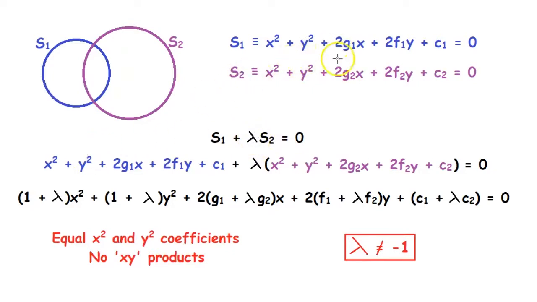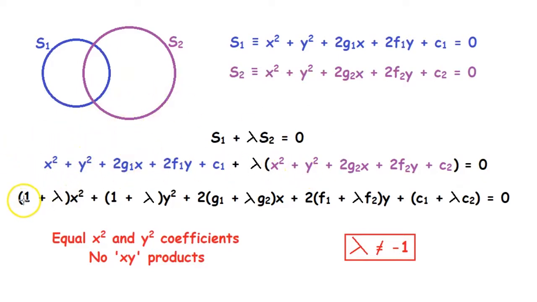Now consider the equation S1 plus lambda S2 equals 0, where lambda is a parameter. When we substitute these equations, we get x squared plus y squared plus 2g1x plus 2f1y plus c1 plus lambda into x squared plus y squared plus 2g2x plus 2f2y plus c2 equals 0. Now we'll open the brackets and rearrange it.